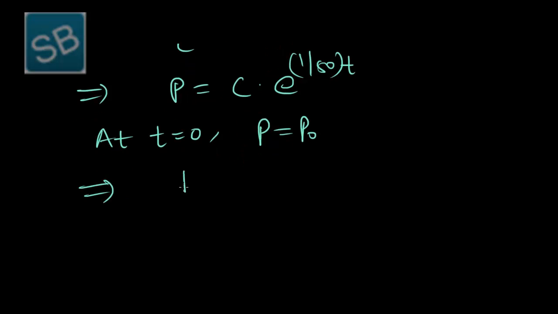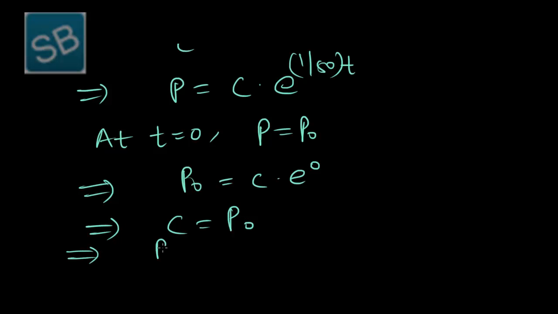So we get P naught is equal to C into e raised to power 0. That is, C is equal to P naught. So P is equal to P naught e raised to power 1 by 50 T.